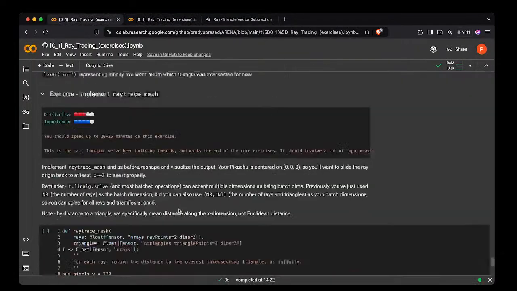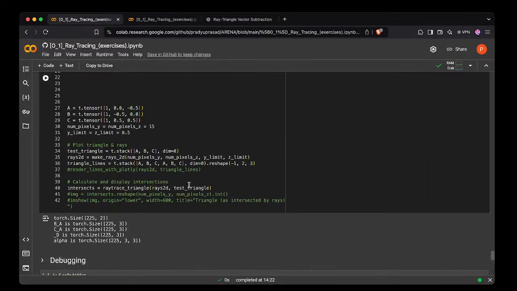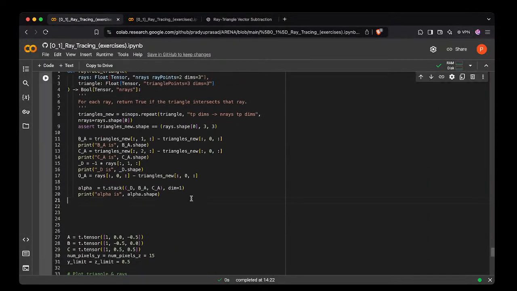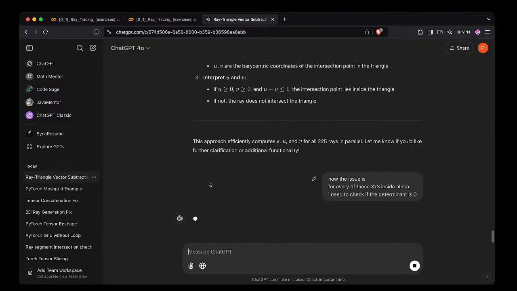Right, we already have it here. The beta value is the OA. So we already have it here. We could just say, hey, beta equals O underscore A. And now the issue is, for every one of those 3x3 inside alpha, I need to check if the determinant is 0.